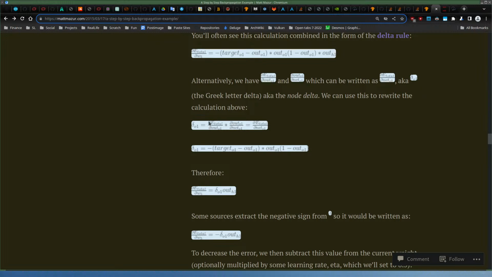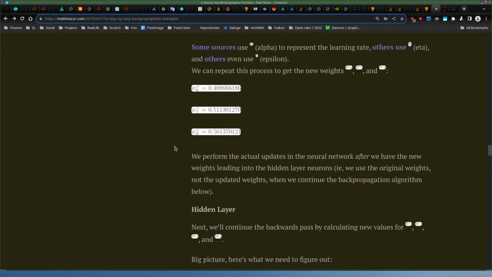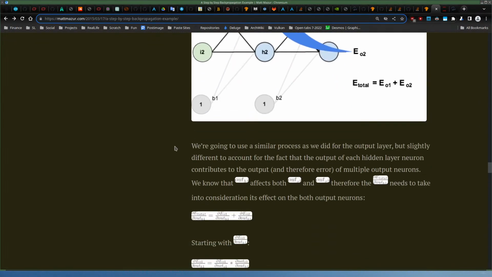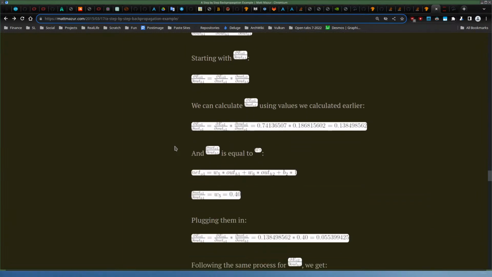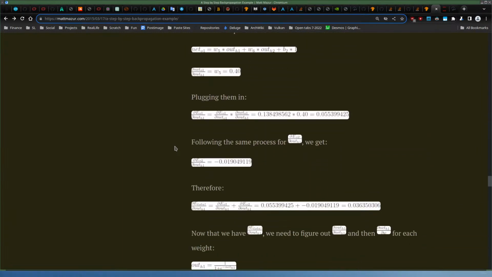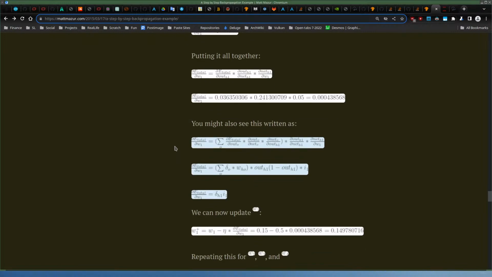So basically E total relative to net, but yeah, this is this. I'm going to assume that they replace this with that, which means that the WHO must be equal to that.